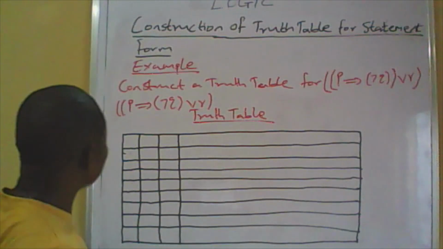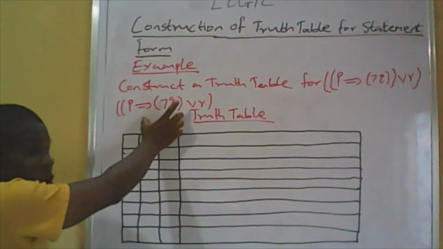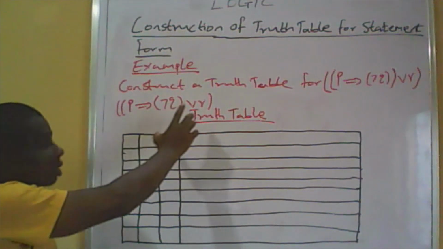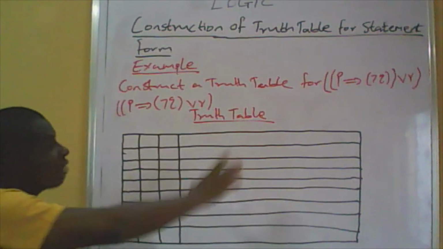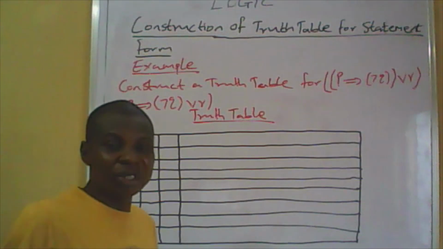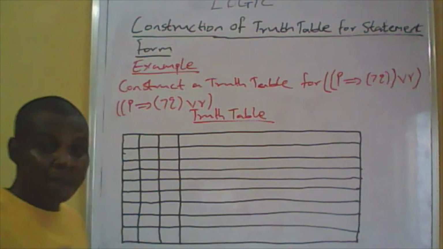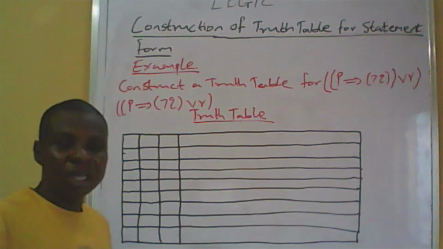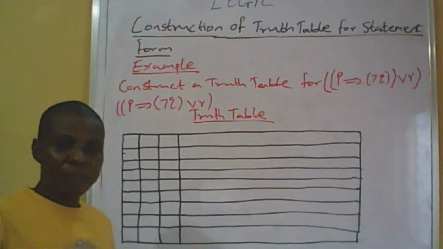But before we start, you know that this statement has been restored to its parentheses. It contains all the parentheses. If there are no parentheses, we are going to restore the parentheses. That means if it is in abbreviated form, we are going to restore the parentheses.